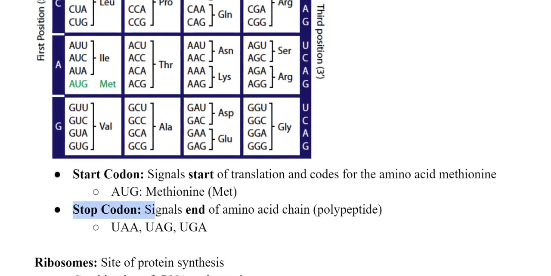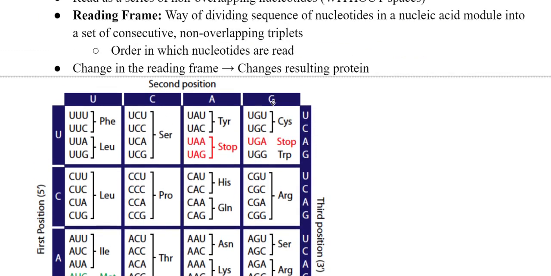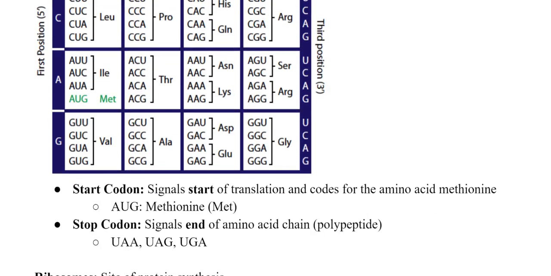Now, the stop codons. Like I said before, there are three types of stop codons, and what they do is they signal the end of the amino acid chain. It's easy, right? Start codons signal the start, while stop codons signal the stop. So they're stop signs. Now, the stop codons are over here. They do not make amino acids. They do not represent amino acids. They just represent that you should stop there.